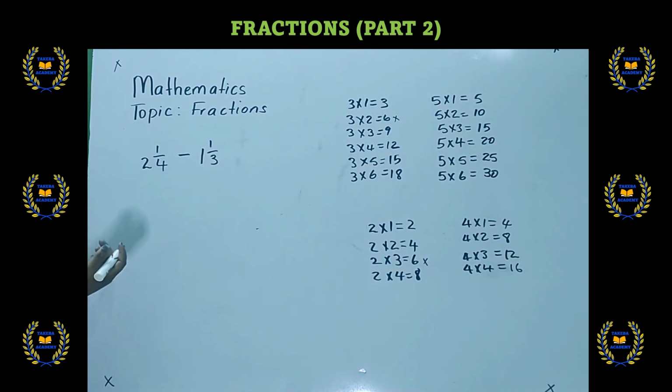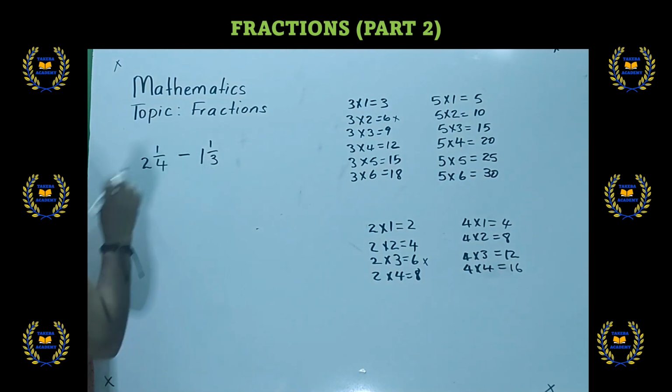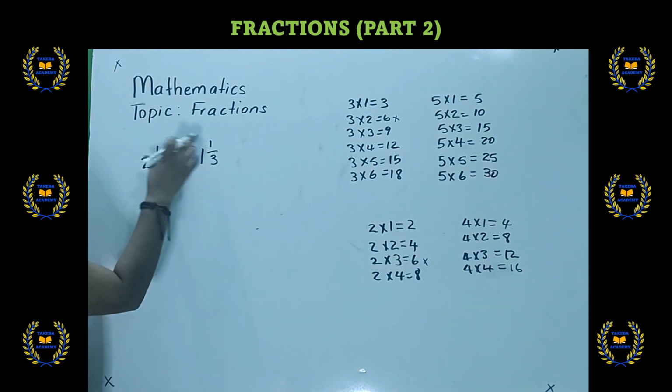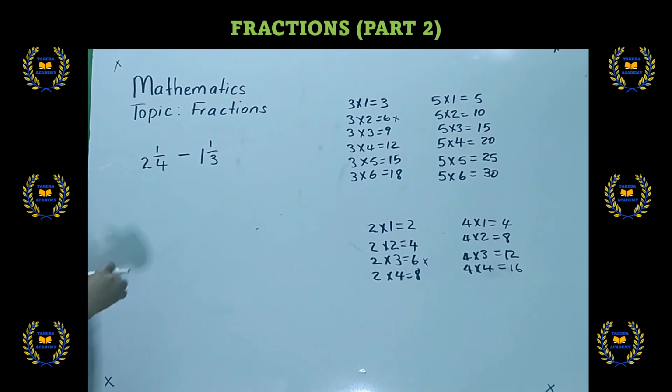Again, when we're subtracting, just like addition, we cannot subtract when the numbers at the bottom are different. But before we get to that step, we have to change our mixed numbers to improper fractions. So let's do that quickly. 4 times 2 is 8, 8 plus 1 is 9 over 4.